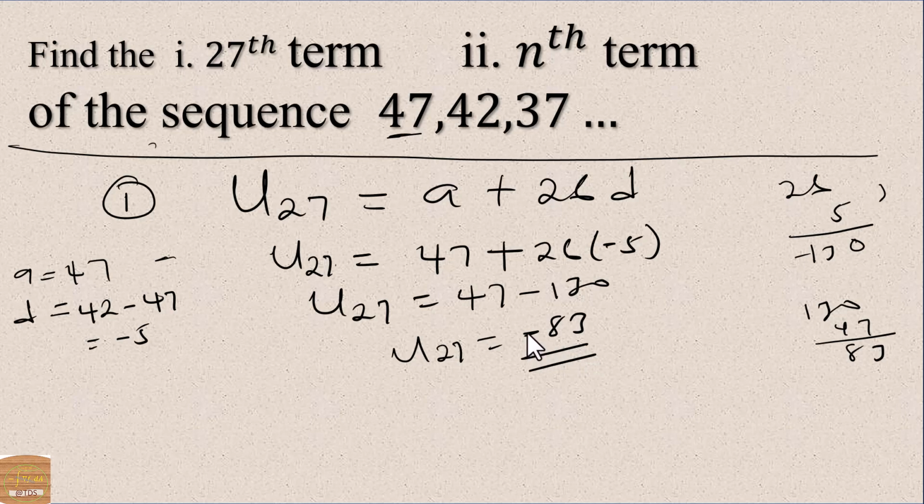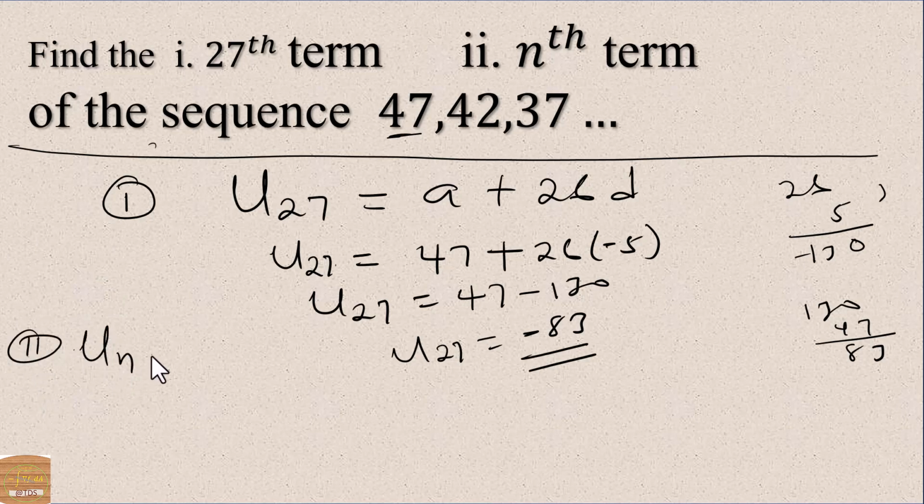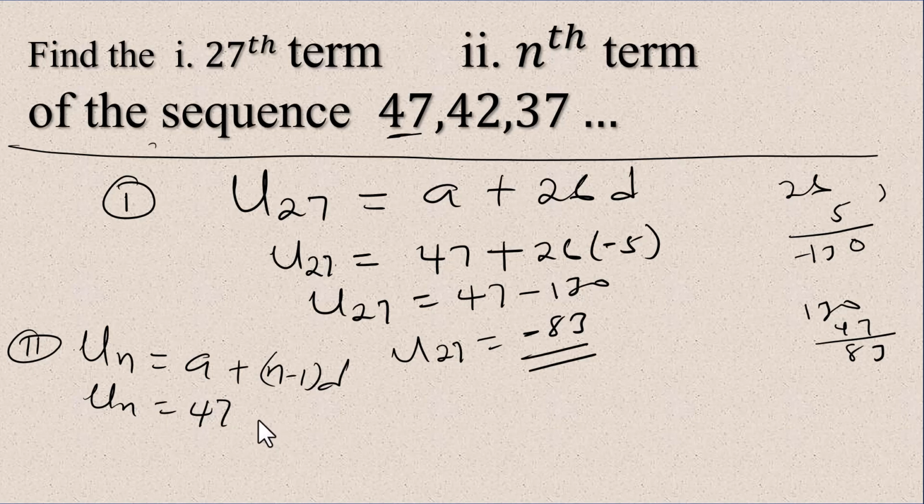So let's look at the nth term. We have Un equals a plus n minus 1 d. a is 47, plus n minus 1, and the common difference is minus 5.